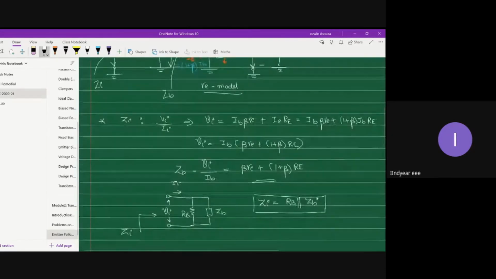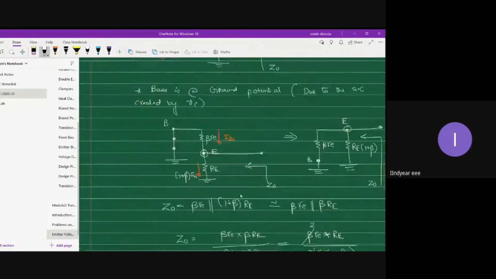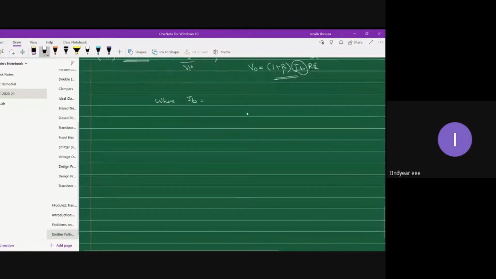Here it is, see this expression. So IB can be substituted as VI divided by ZB, basically. So let me write it here, where IB is equal to voltage divided by impedance. Let us substitute.